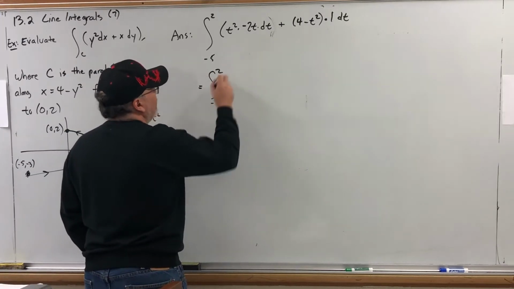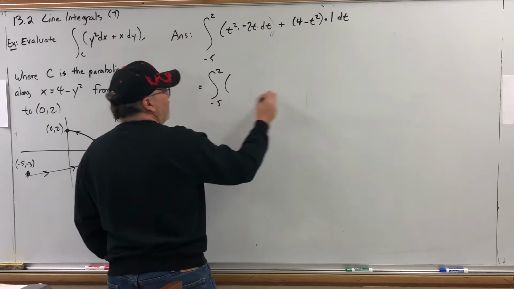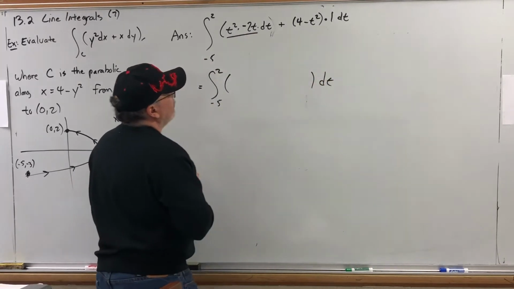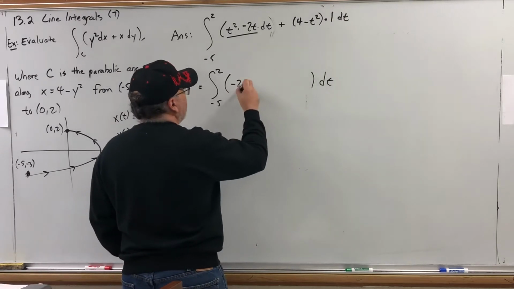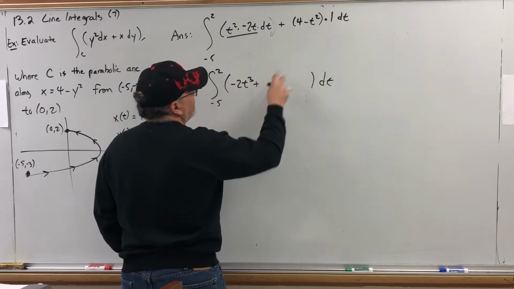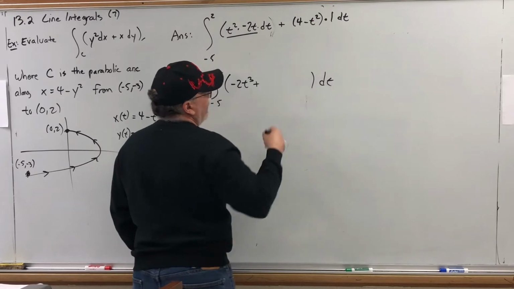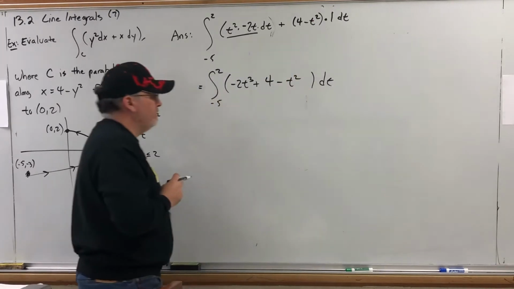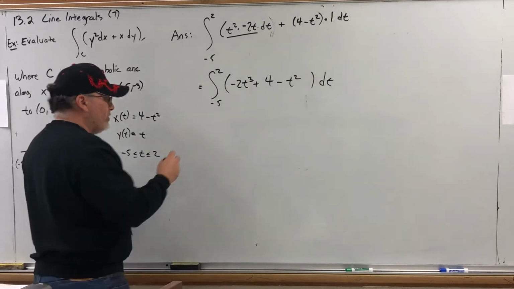I don't see any trickery where I can factor stuff out, so we'll just have to attack this head on. Integral from negative 5 to 2. I can pull the dt out. This first term is going to be negative 2t to the third, plus, distribute the 1, 4 minus t squared. No like terms to combine, so let's just go to it.